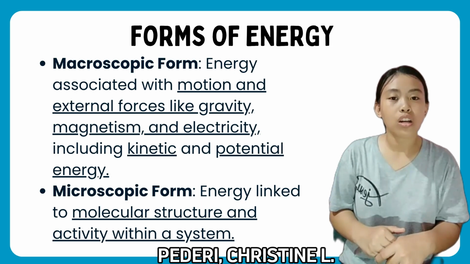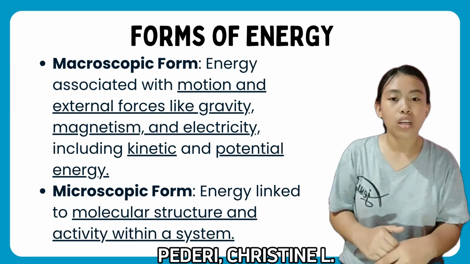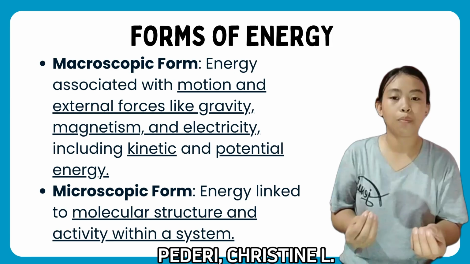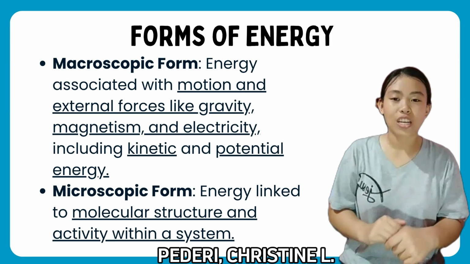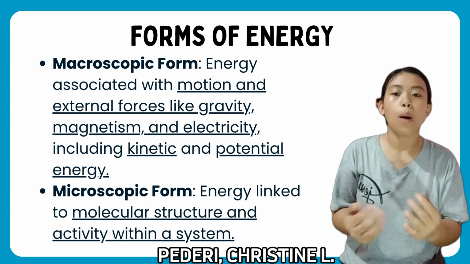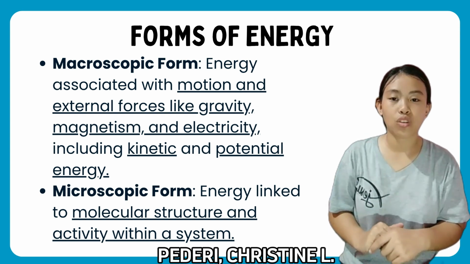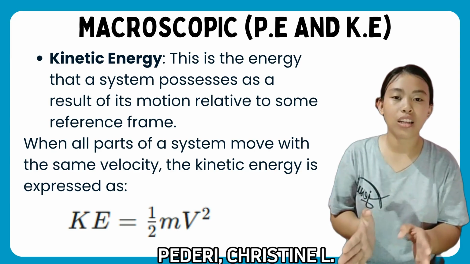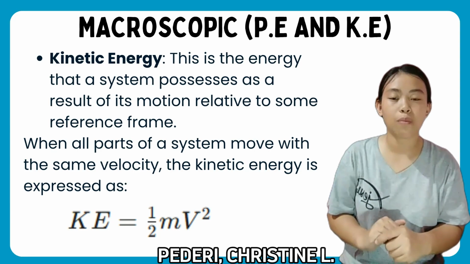These forms of energy are those related to the molecular structure of a system and the degree of the molecular activity. The sum of all these microscopic forms of energy is called the internal energy of a system. Internal energy is the microscopic energy due to molecular motion and interaction. The macroscopic forms are potential energy and kinetic energy.